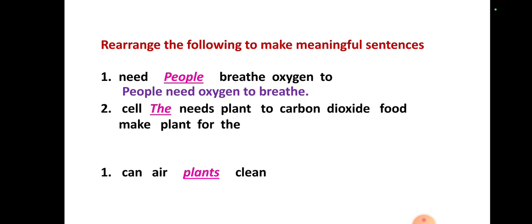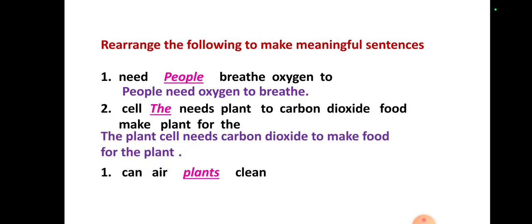It's a very long sentence. I know. The plant cell needs carbon dioxide to make food for the plant.